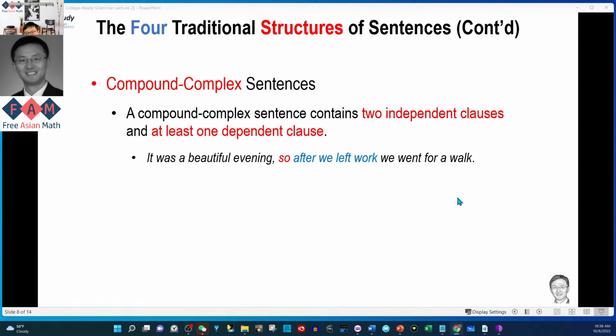Those two ideas, there's a logical relationship, right? Because it was a beautiful evening, we went for a walk. That's what you would think. There's a causal relationship. But you're right. Logically, there is such a relationship, but the sentence is not built that way.